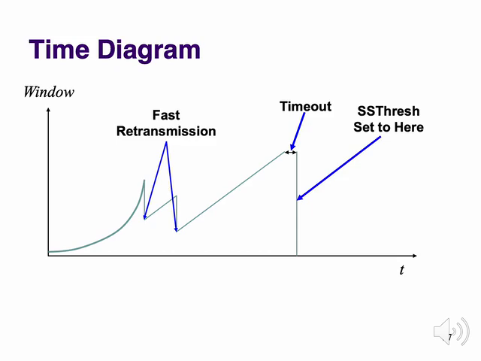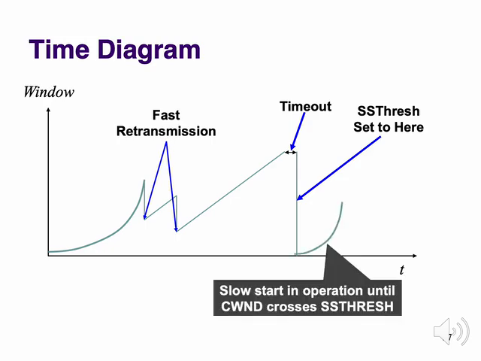We're also going to remember SS thresh as being set to half of that congestion window. And now remember we dropped to 1, and as per the TCP rules we've discussed today, the sender is going to once again go back to doing slow start. And it's going to do slow start until its current value of CWnd crosses this value we've remembered for SS thresh, at which point it's going to switch to doing linear increase again.